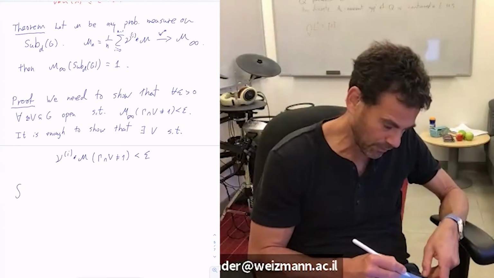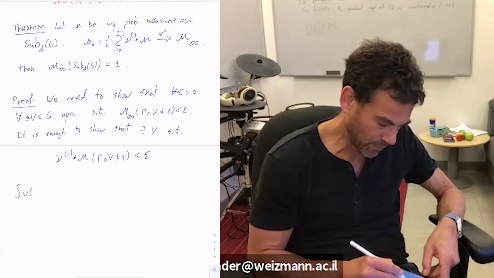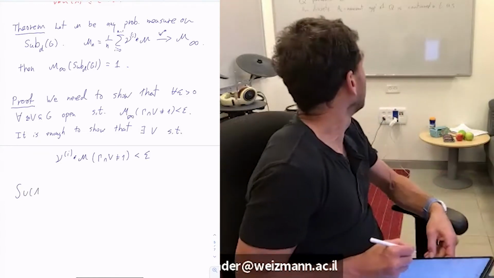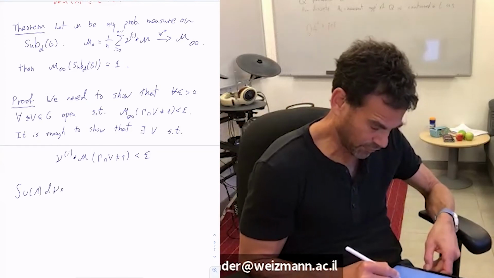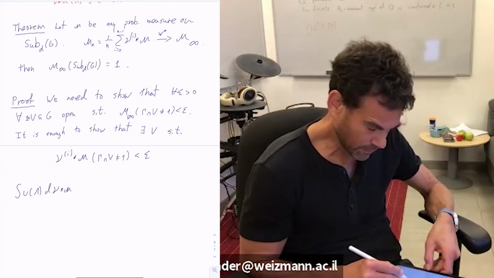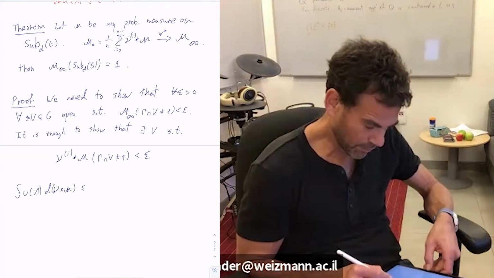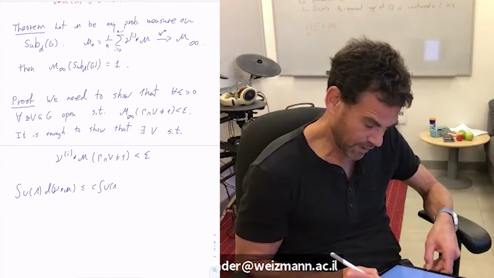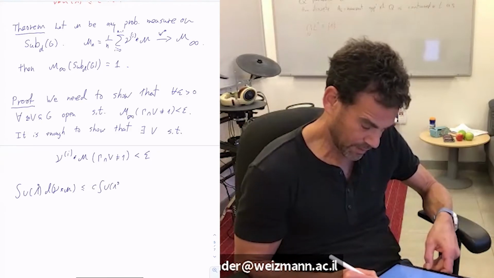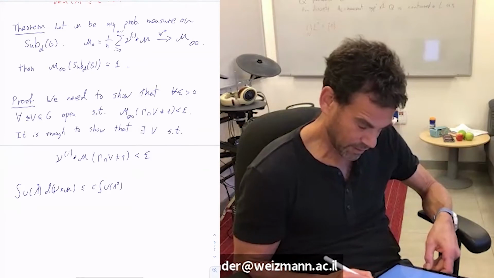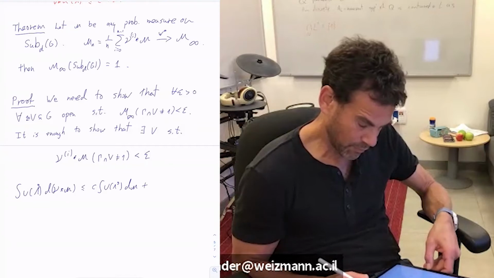So consider the integral of u of lambda d nu convolution mu. This is smaller than c times the integral of u of lambda d mu plus b.